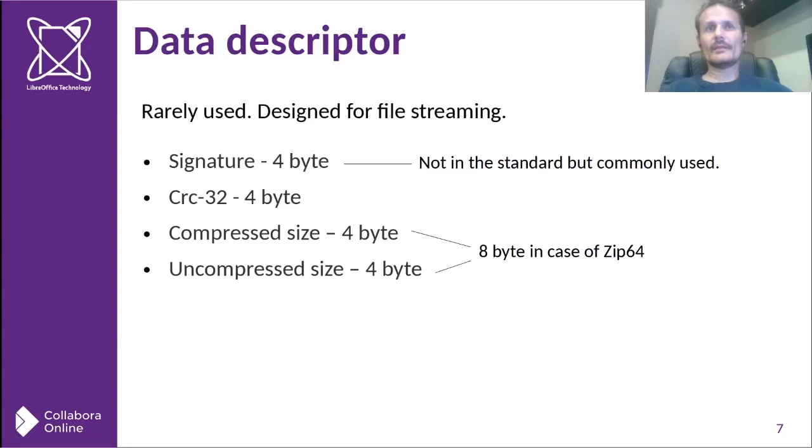I decided to get this information from the file header in the central directory, because in the local file header the file size can be another special value in some cases, especially when a data descriptor is used.